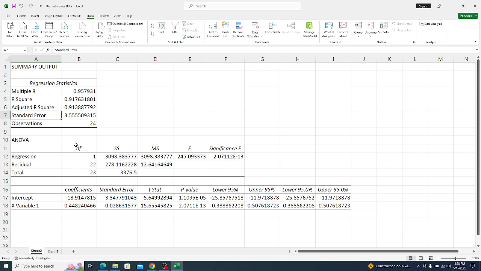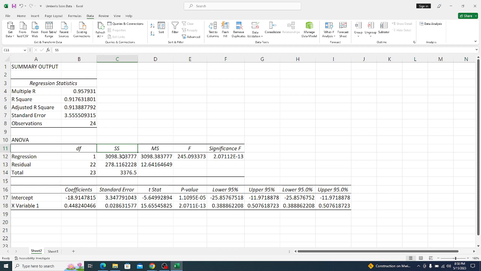And from the example, you can see we have degrees of freedom of 23, whereby it is n minus 1. That's how we usually get the degrees of freedom.